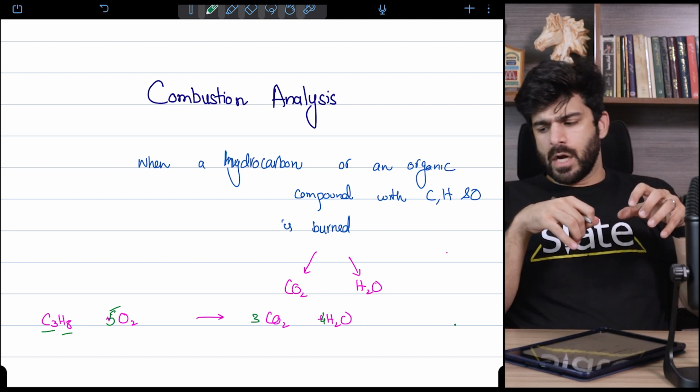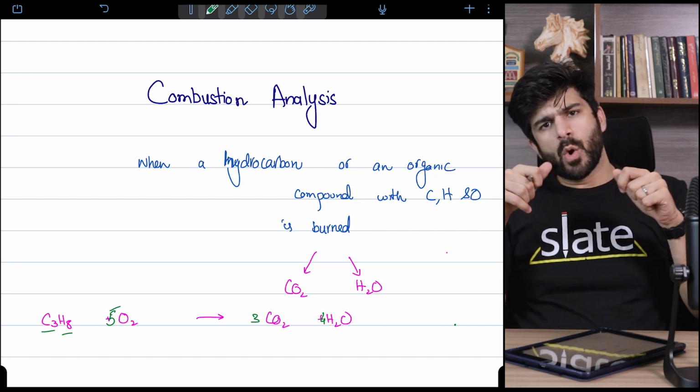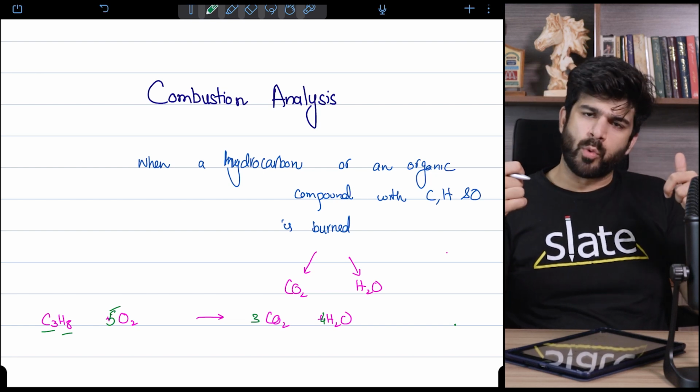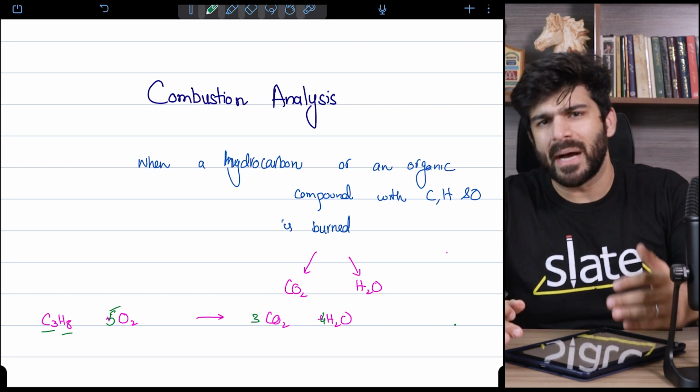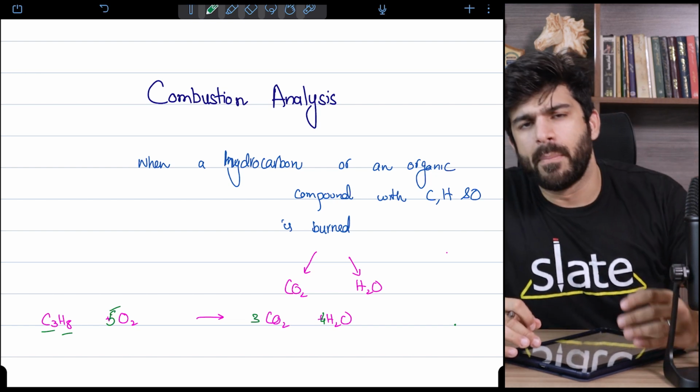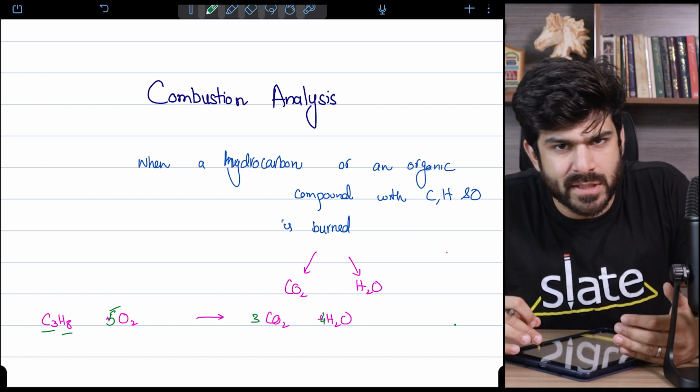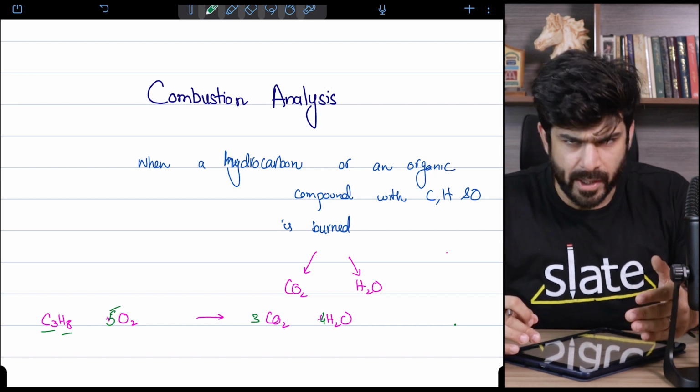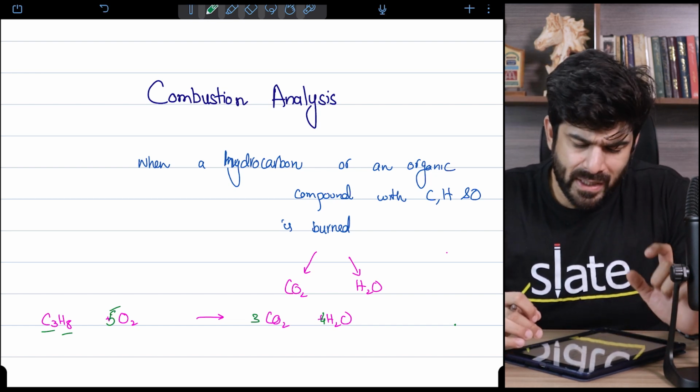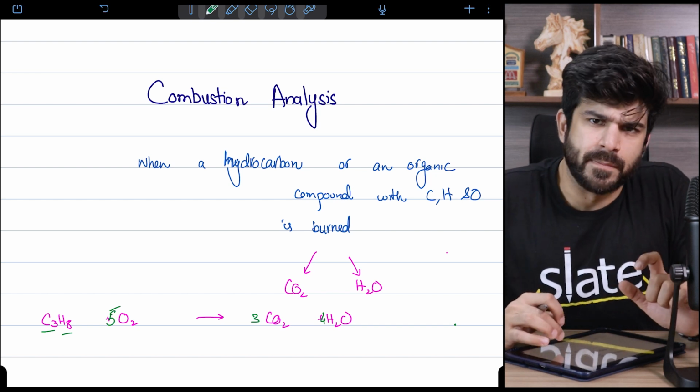But in combustion analysis, we get carbon dioxide and water, and we get their masses by using different absorbents like potassium hydroxide and magnesium perchlorate.